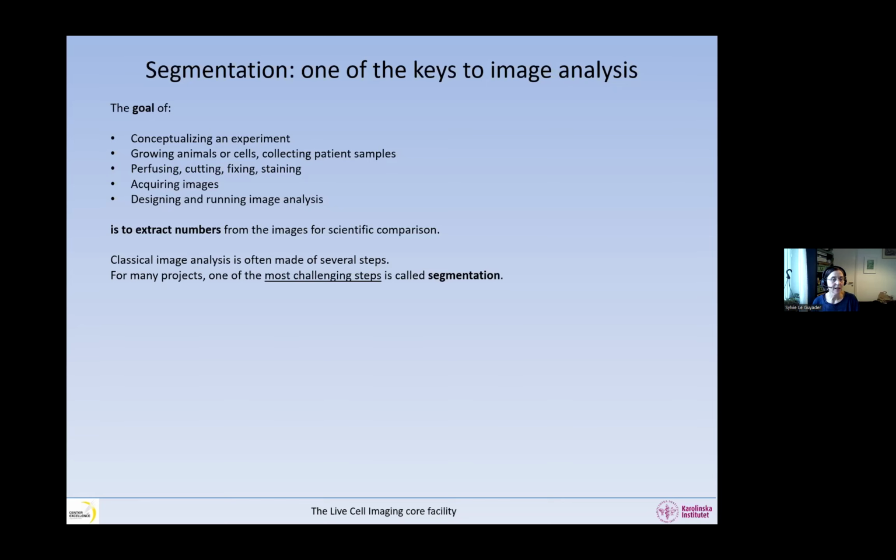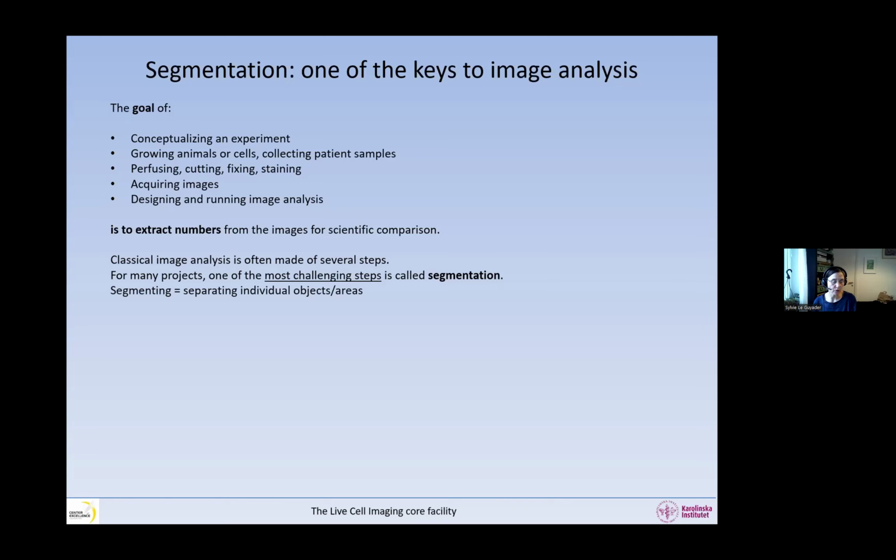Classical image analysis is often made of several steps. There are other types of image analysis, as I said, for example with AI and deep learning, where a new vast family of image analysis opens up. But classical image analysis is made of several steps, and one of the most challenging steps is called segmentation.